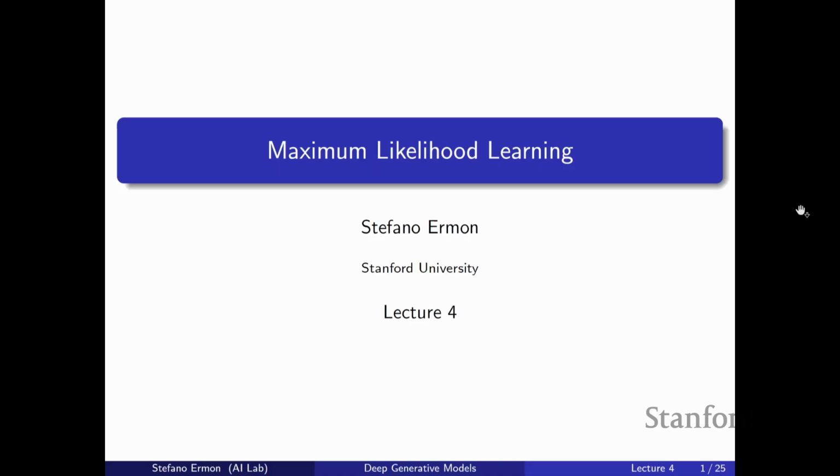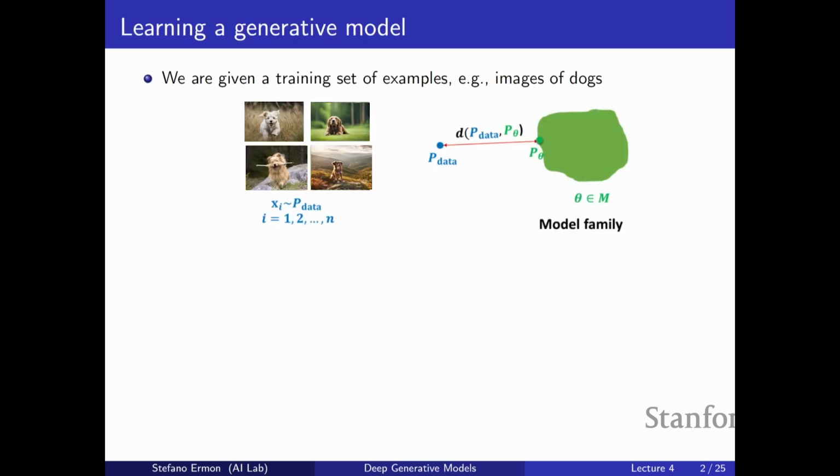Now the next thing is learning, which is going to be pretty straightforward for autoregressive models. You can probably guess how you would train them. An autoregressive model is just a sequence of classifiers, and then you just train all the classifiers the usual way, essentially. At a high level, remember, we have your model family, which could be autoregressive models.